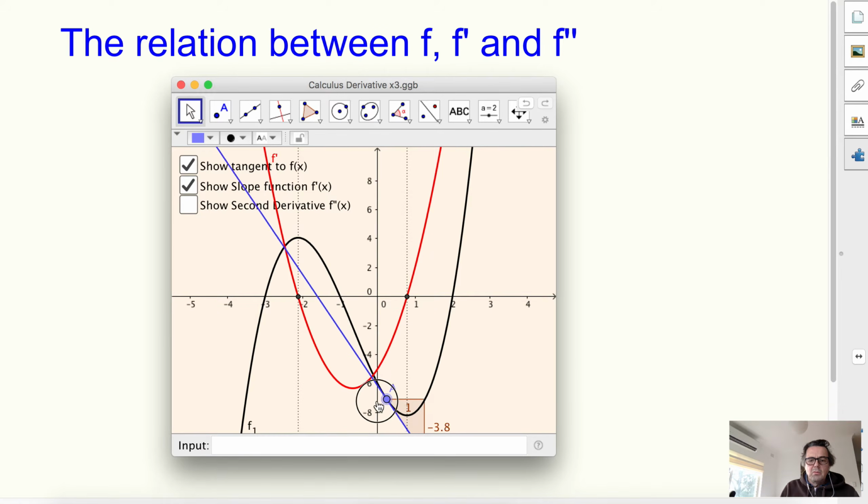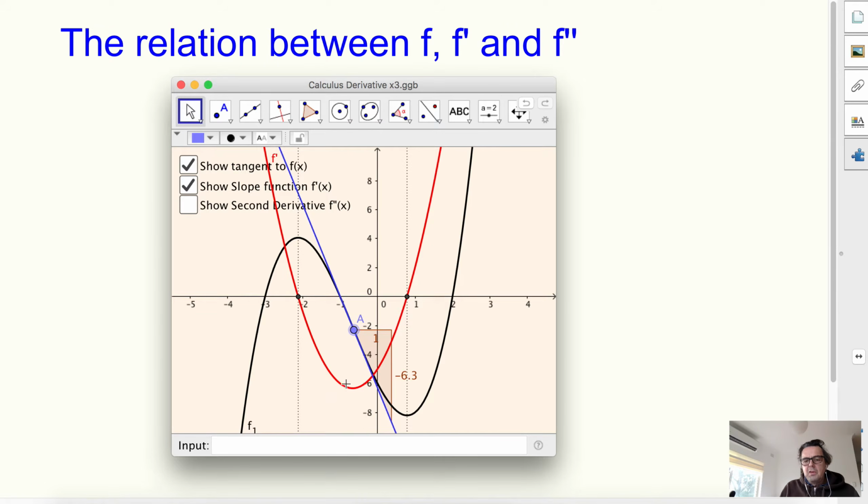Here as well, when the slope of the tangent is 0, the derivative is 0. Right there. Another interesting point is here where the slope is most negative, negative 6.3, because that coincides with the vertex of the quadratic, the minimum of the quadratic.